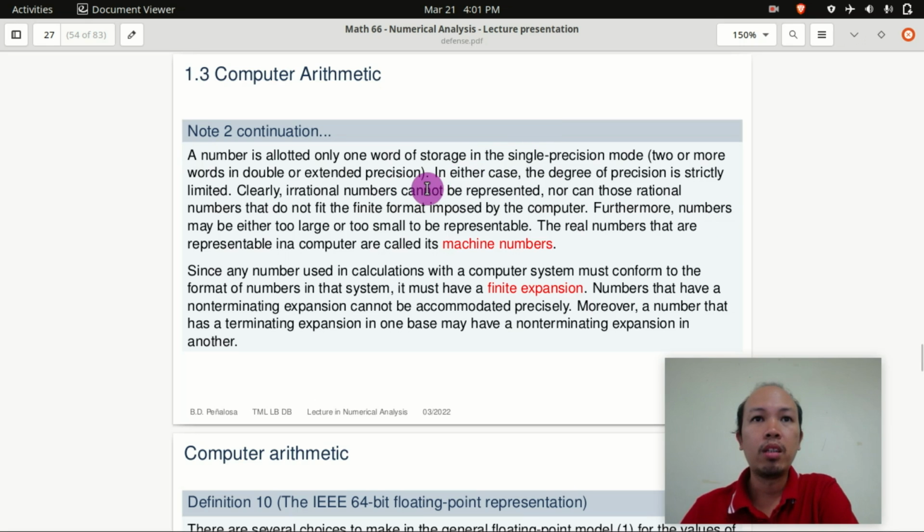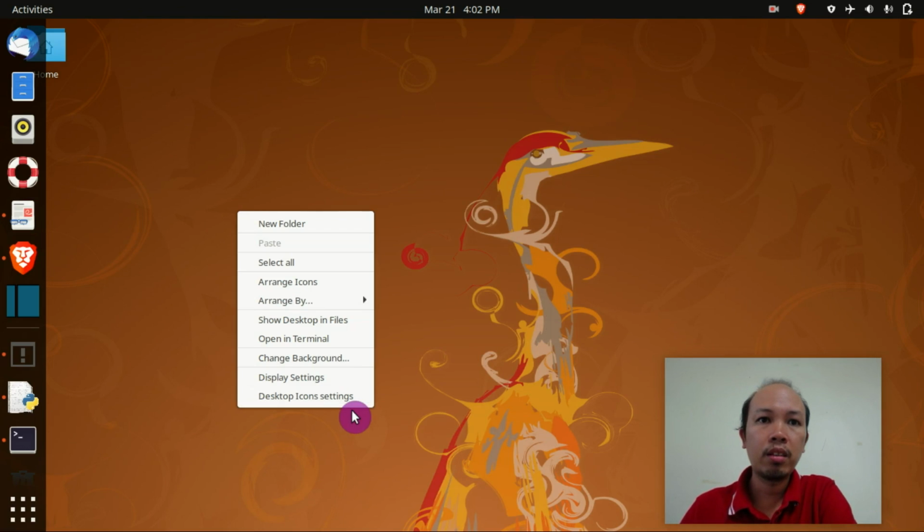So please do remember that there are different computers. For example, let me check my computer.